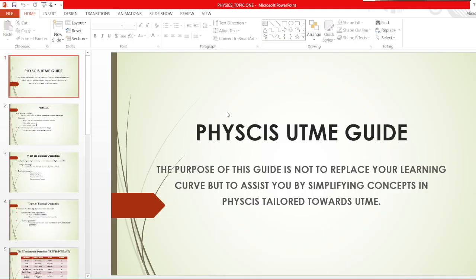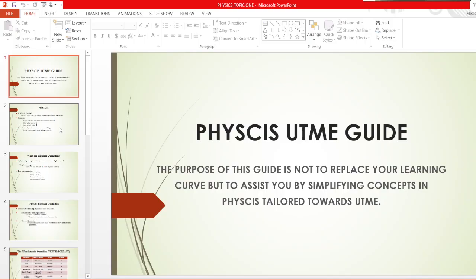So we are not just going to be reading and missing. We are going to pick this topic based on how JAM usually set their questions and try as much as possible to break it down in a simple manner that anybody will understand. So that's why I said the purpose of this guide is not to replace your learning curve, but to assist you by simplifying concepts in physics towards UTME.